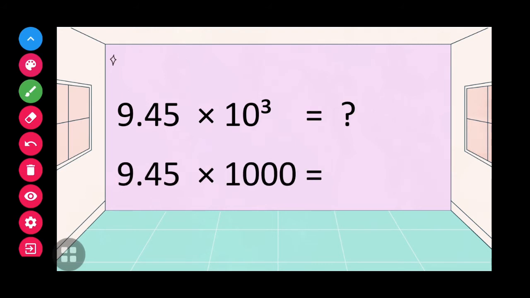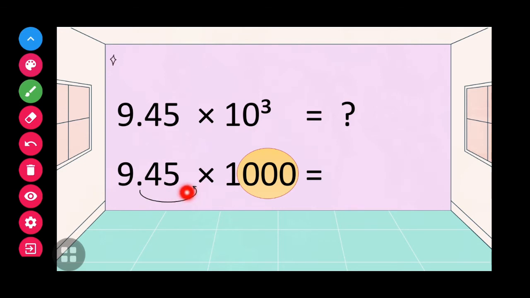This 1000 has 3 zeros, so the decimal point should shift 3 places backward. Now we find that there is no number to shift 3 places. Only 2 numbers are there and you have a blank after that.